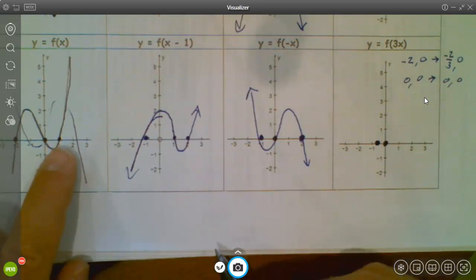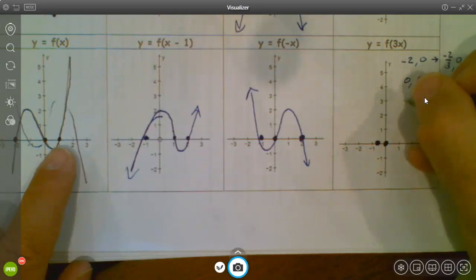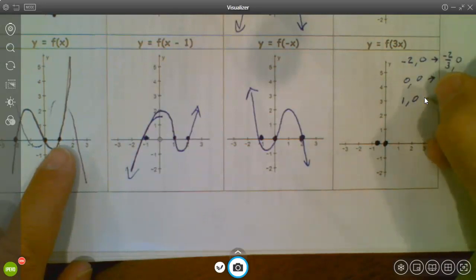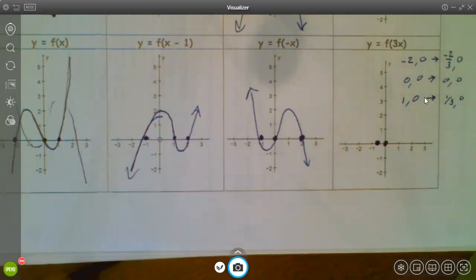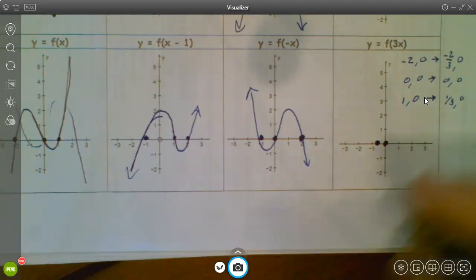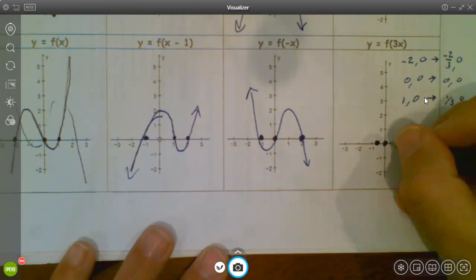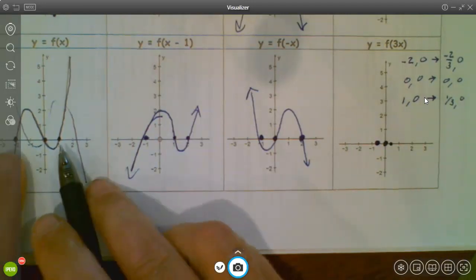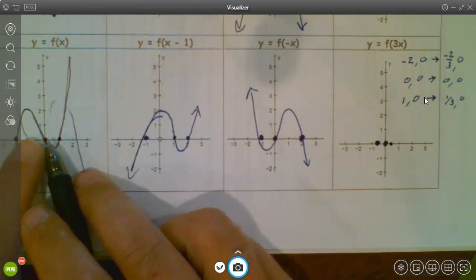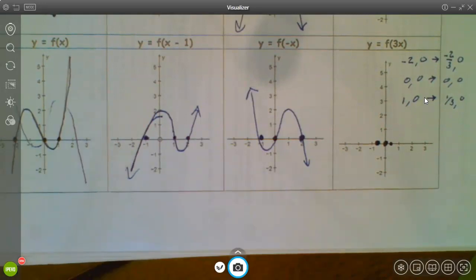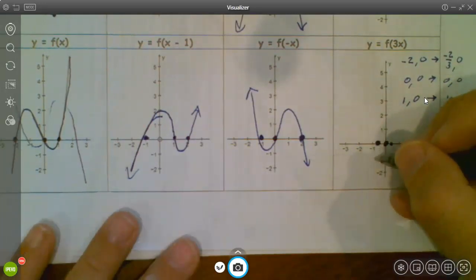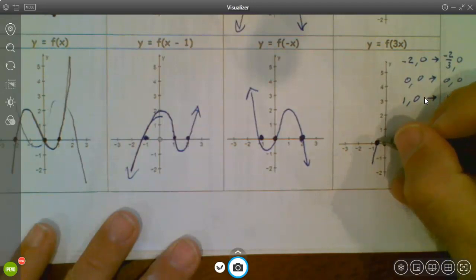Let's take this point over here. So this was originally at 1, 0. So 1, 0 is going to become 1/3, 0. So my x's are all being divided by 3. So again, it's like taking this graph and just shrinking it and doing a horizontal compression on it. So it's now going to do something like this.